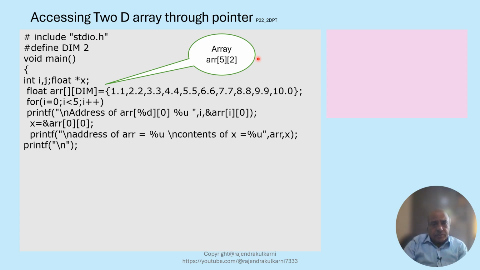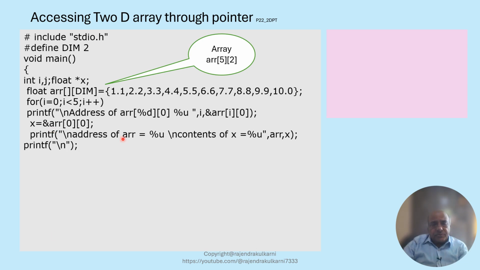Then we are assigning the starting address, or the base address, of the 2D array ARR to the pointer X. So in this statement, X is assigned with the address of the 0th element of the array ARR.